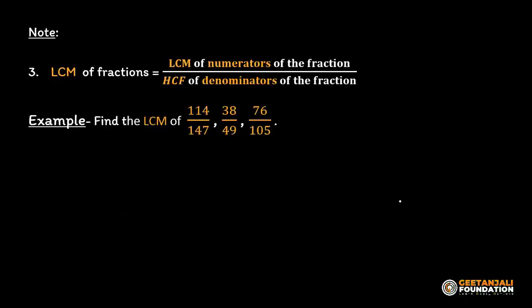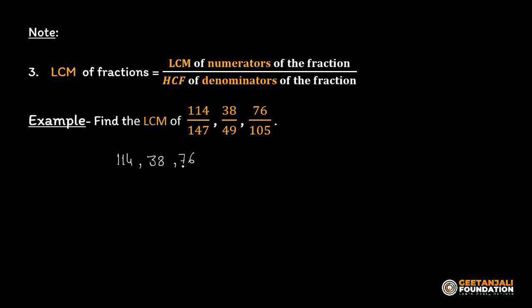The LCM of fractions is equal to the LCM of the numerators of the fractions divided by the HCF of the denominators of the fractions. So we have to find the LCM of 114 by 147, 38 by 49, and 76 by 105. We will need to find the LCM of the numerators first. Numerators are 114, 38 and 76.